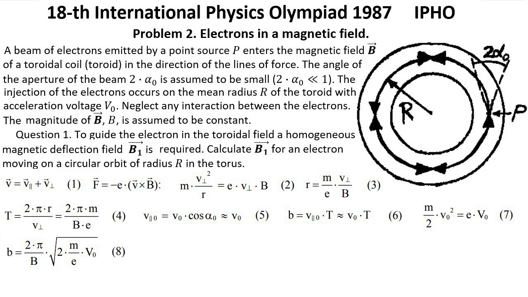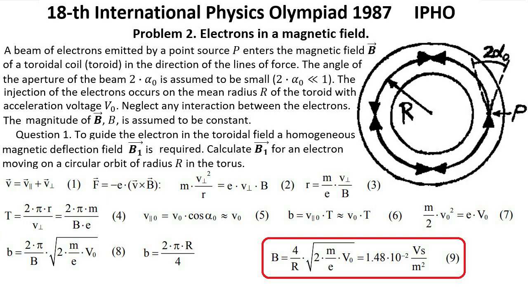Using equation 7 and T, one obtains from equation 6 b equal expression 8, and because of b equal 2πR over 4, one obtains the magnetic field B equal expression 9. That was the solution to question 1.